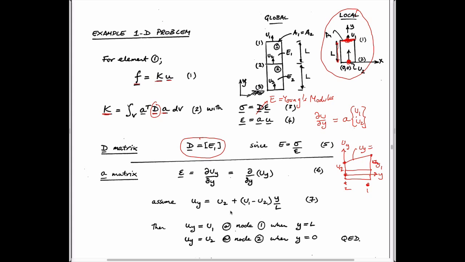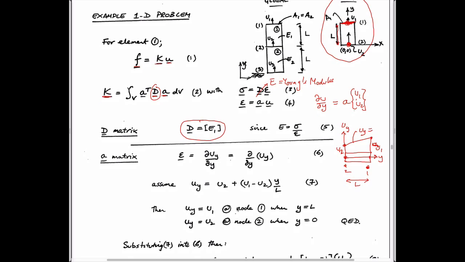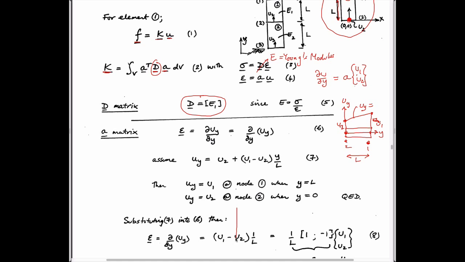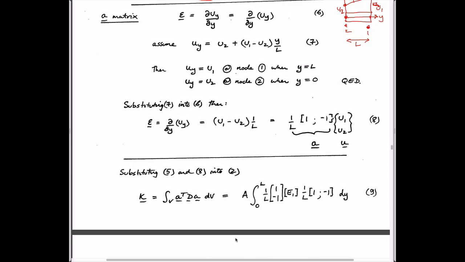And the displacement at y equals L, so this is length L. So y equals L would be this point, so this would be 1, u2 minus u2 is 0, and you're left with 1. So it gives us the requirements that it recovers the displacements at the right locations, which is basically what this is saying here.